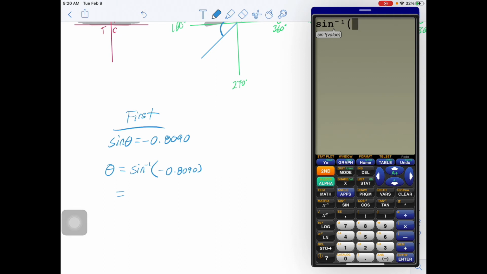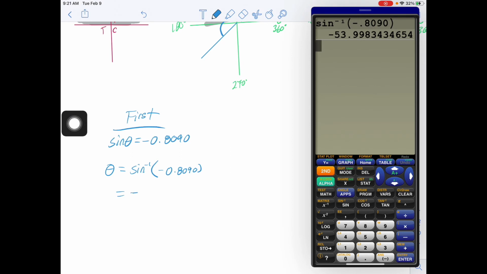Sine negative, so the inverse of sine, negative 0.8090. Now we can see here something kind of strange. We get negative 53.998. And this is because your calculator tries to find the nearest angle that makes this work.